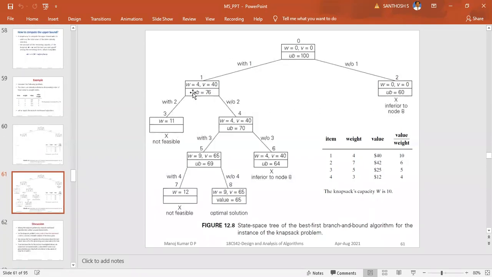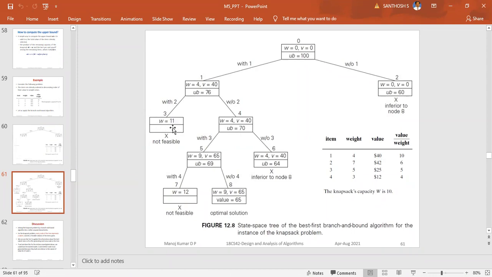Now you come to with 2 and without 2. If you go with 2, what weight do you get? 4 plus 7, which is equal to 11. Without 2, the weight is 4, value is 40, and the upper bound is equal to 40.